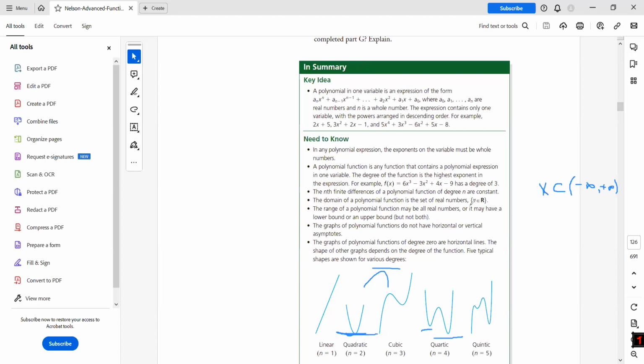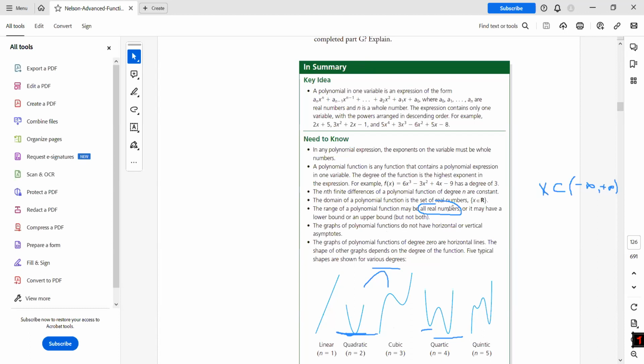You see, maybe all real numbers, as if it's an odd degree function, right? In an odd degree function, we have all real numbers in the range. Or it may have a lower bound and upper bound as for an even degree function.